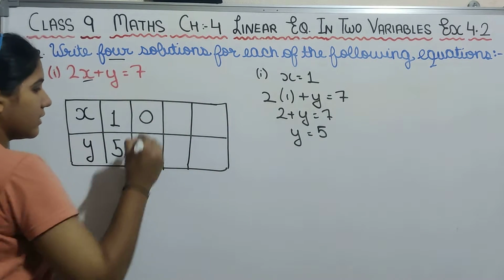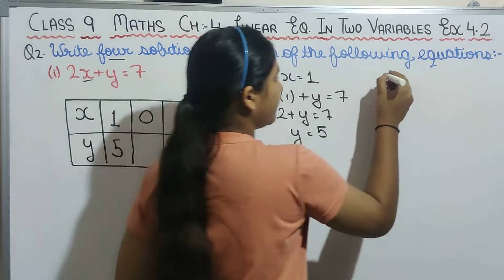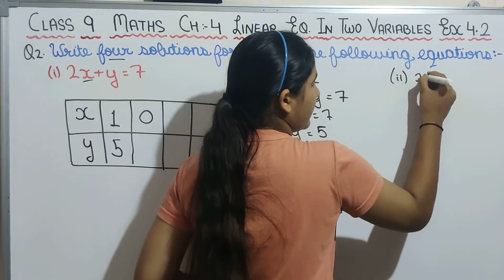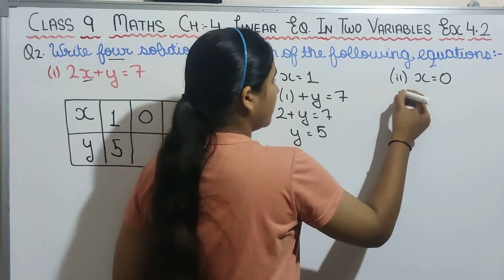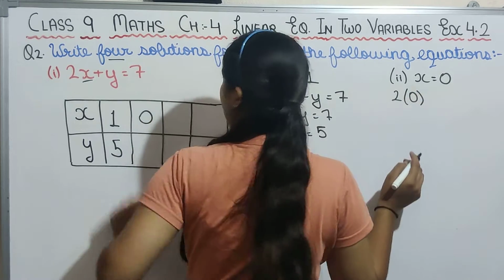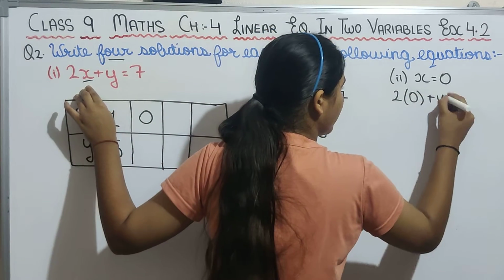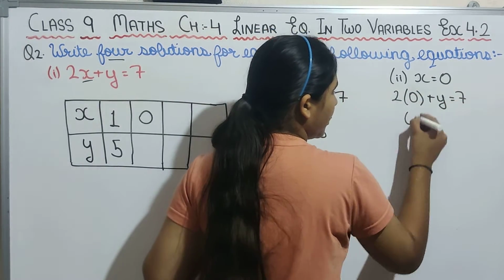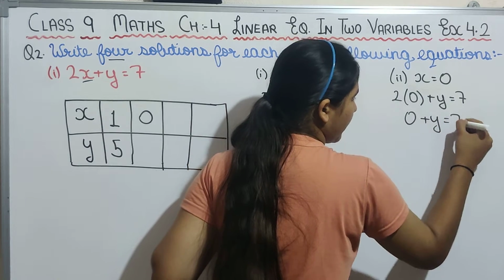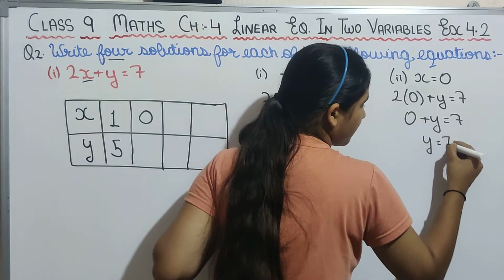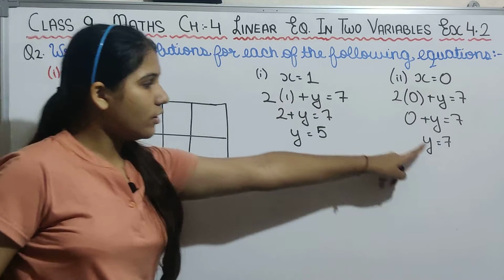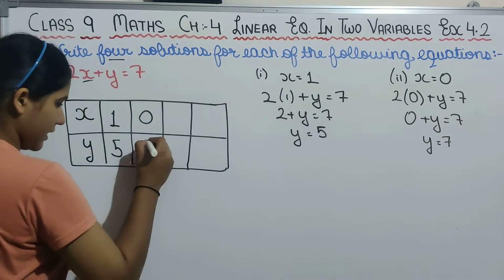Now if we take x is 0, let's see what comes. 2 into 0 plus y is equal to 7. 2 zeros are 0, plus y is equal to 7, and y will be 7. If x is 0, y will be 7.